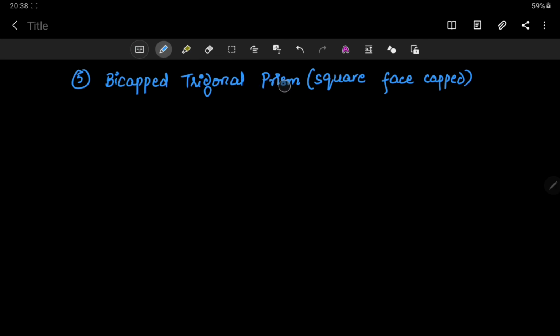The next geometry again starts with a trigonal prism where the two faces are capped. In this case, it is a square face capped.